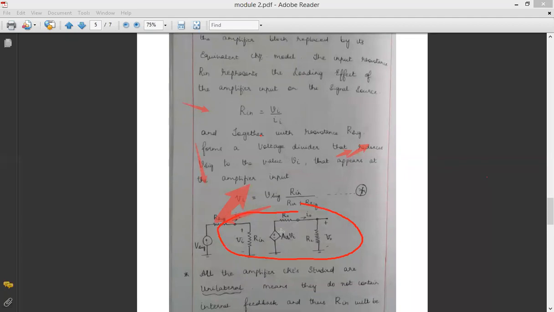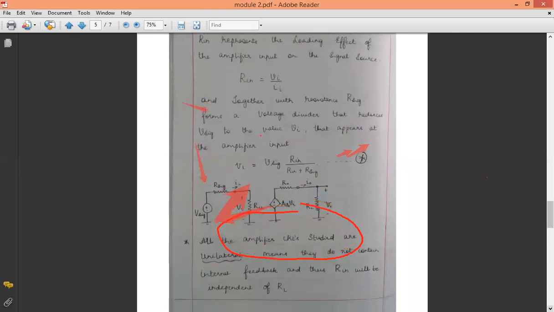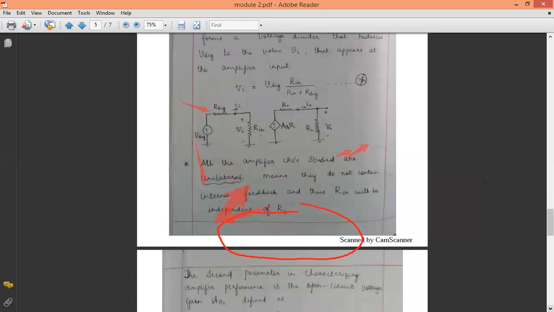Output port gain is V0 by Vi. Input port gain is Vi by V signal. So V0 by V signal is equal to output port gain into input port gain. Did you write?